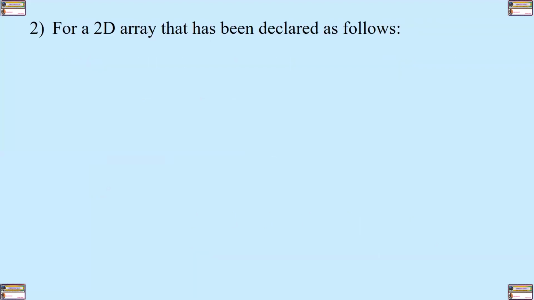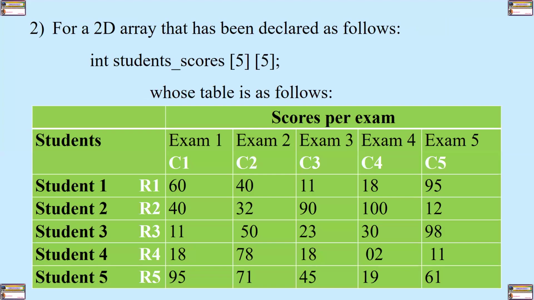For a two-dimensional array that we have already seen, we can declare it as int student scores 5 by 5. And note, even though I'm saying 5 by 5, we are talking about two dimensions, for column and for row. And the table is like that.